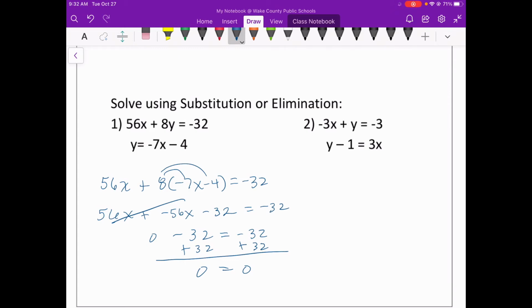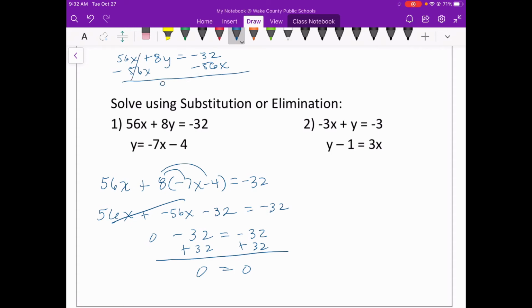If you take a look here and you solve that top equation for y, you would get that equation on the bottom. All right, so real quick, I'll work that with you. We'll subtract 56x from both sides. And this is just trying to get y by itself.